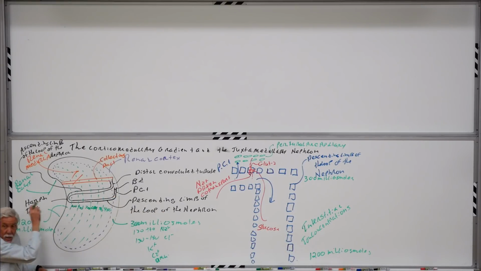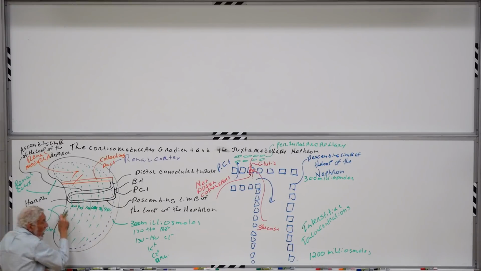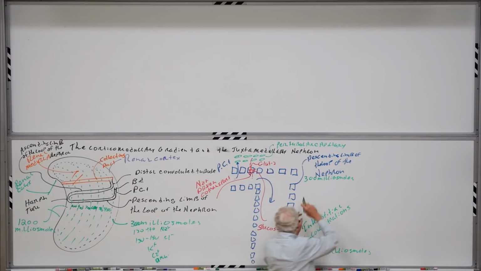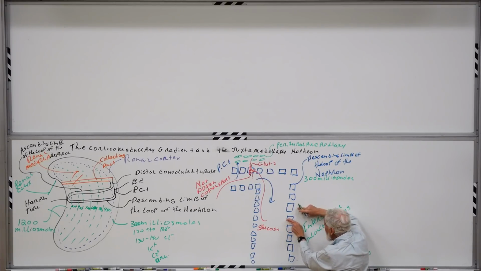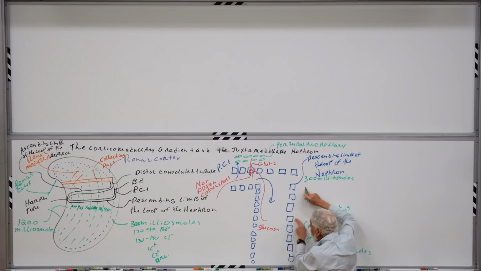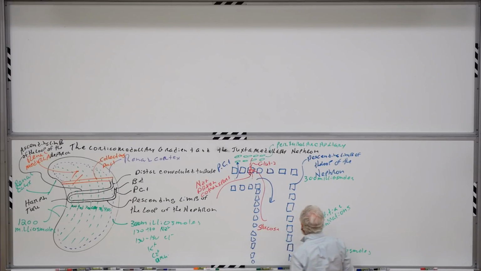Now, it's a slow increase. We slowly increase the extracellular concentration as we move from the cortex down to the medulla, but recognize that as we take these tiny steps from one epithelial cell to the next, each of these epithelial cells is facing an ever higher extracellular or interstitial concentration of ions.